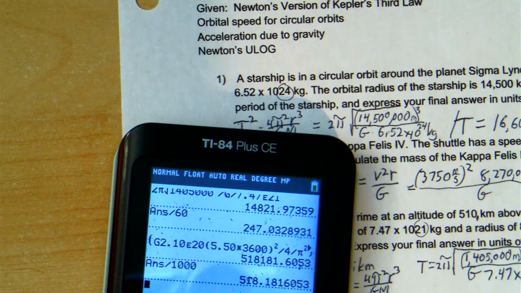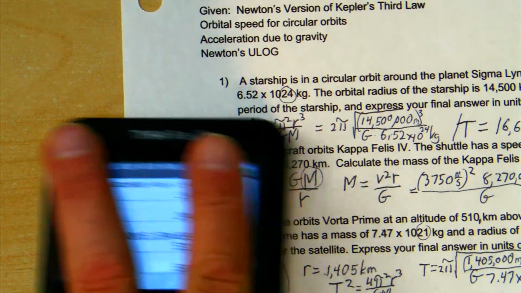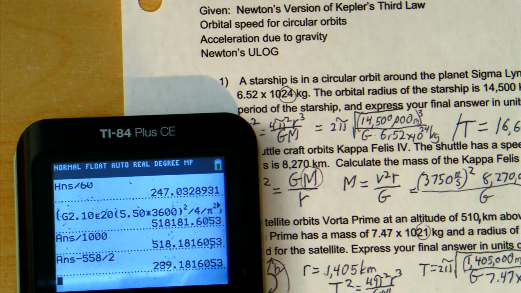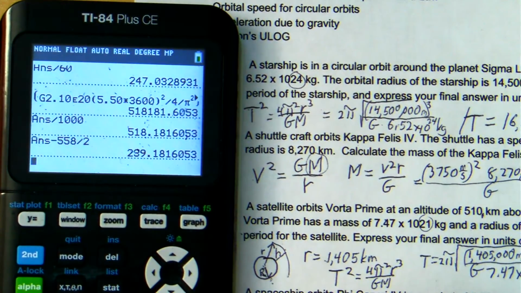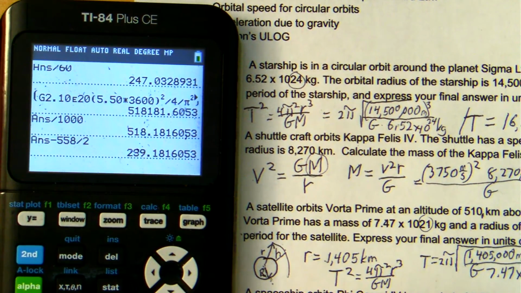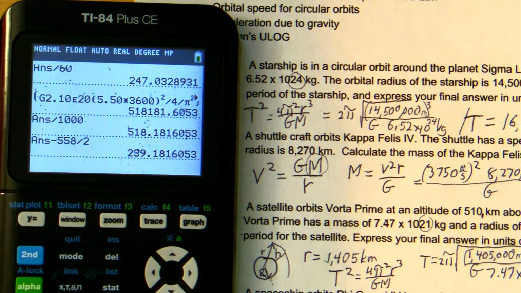Then I'm going to subtract half of the diameter, 558 divided by 2, and hopefully order of operations is correct. And it says my altitude is 239 kilometers above the surface of this planetoid.